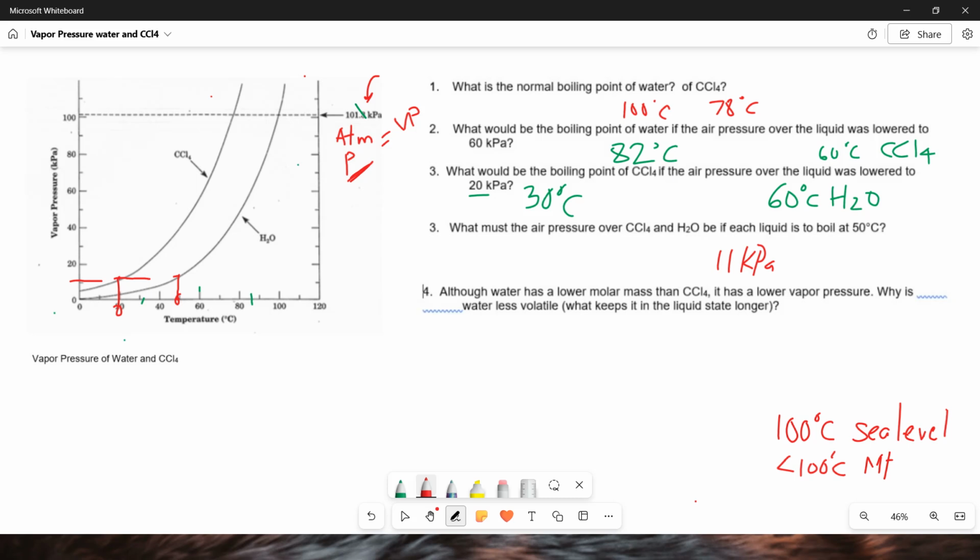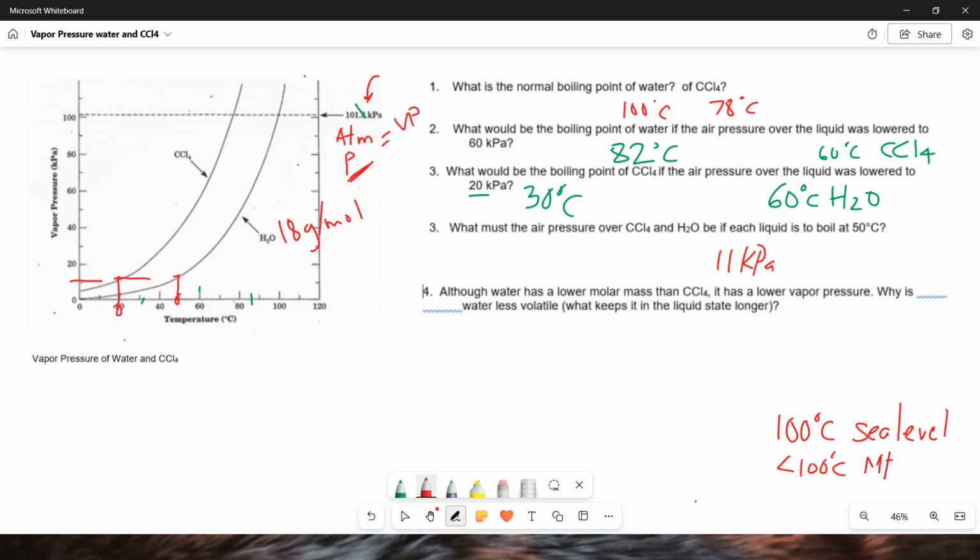Okay, so the last one is going to go into other videos I'm doing, but I'm going to answer it anyways. It talks about intermolecular forces, and it says, although water has a lower molar mass, in other words, water is about 18 grams per mole, and I didn't calculate the carbon tet, but if I added carbon and 4 chlorines, it's going to be way more than water in weight.